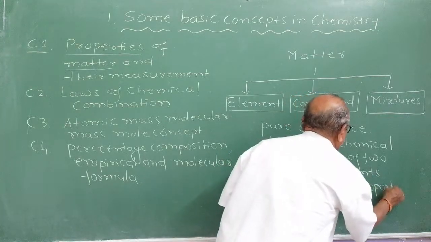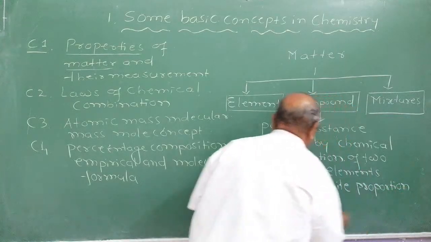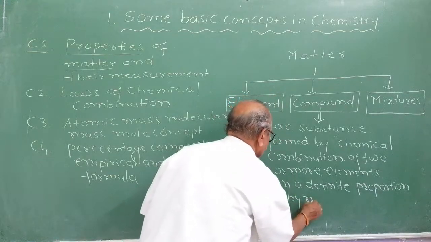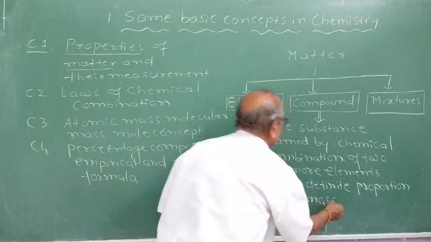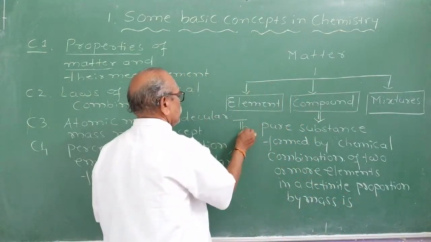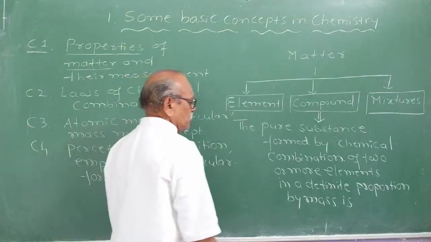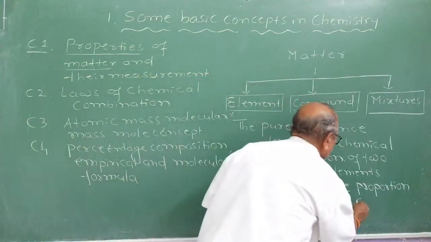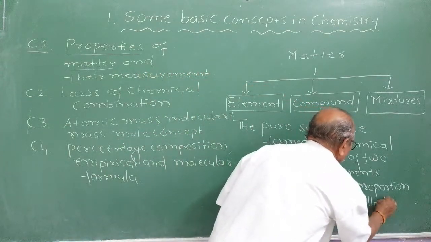We just stated it. In a definite proportion by mass is called a pure substance. You just recall the definition, rewrite it. By mass is called a compound.